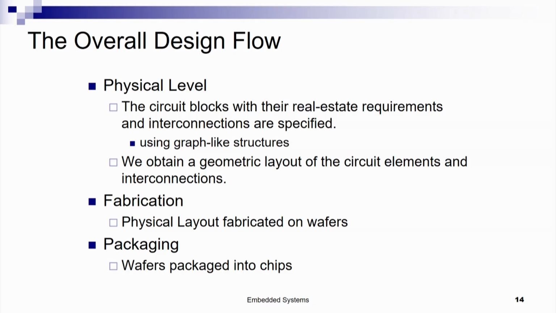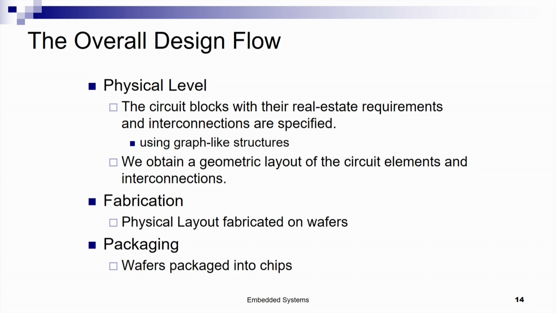Once the real estate requirements of these blocks are known, we also know, in addition to the blocks, the interconnections among these blocks. So, the blocks and their interconnections together specify the functionality. Once the real estate requirements of the circuit blocks themselves and their interconnections are known, we represent them again as graph like structures called netlists.